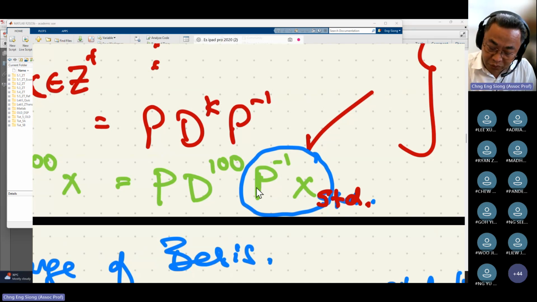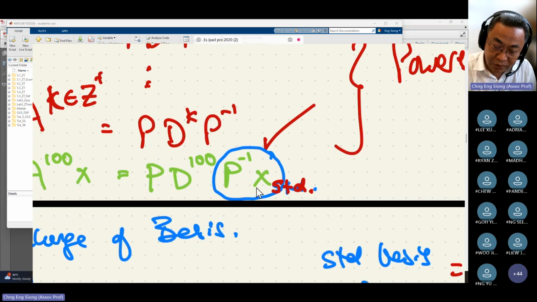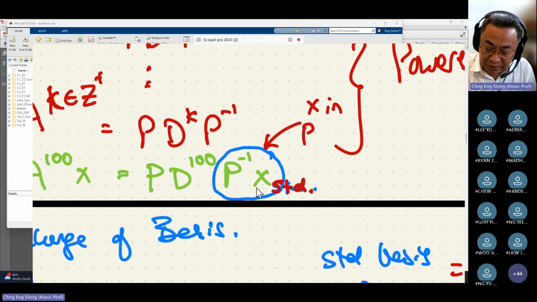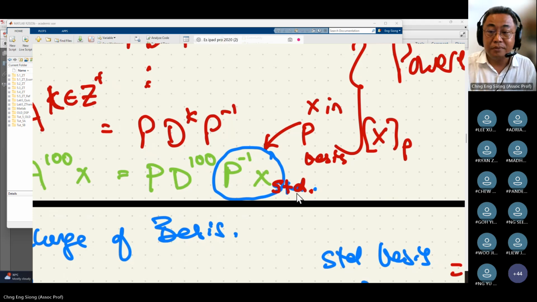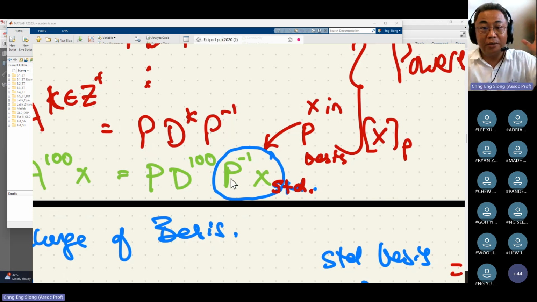So what happened to this blue guy? What do you think is this blue guy? He has a name. He is X in the B basis. Get it? So he is X_B. Okay, everybody? Happy?